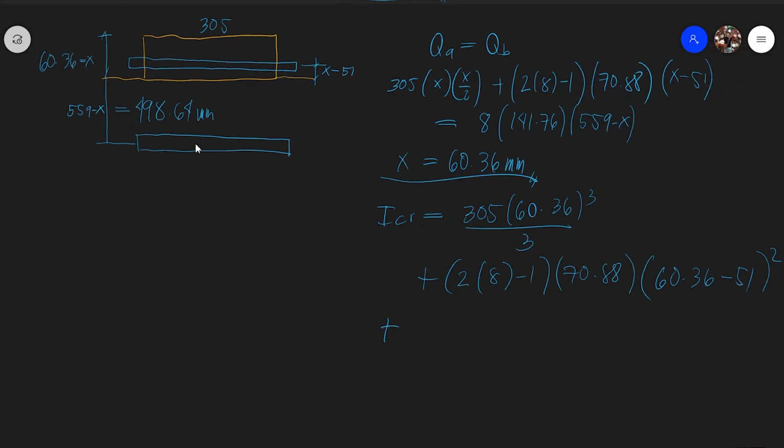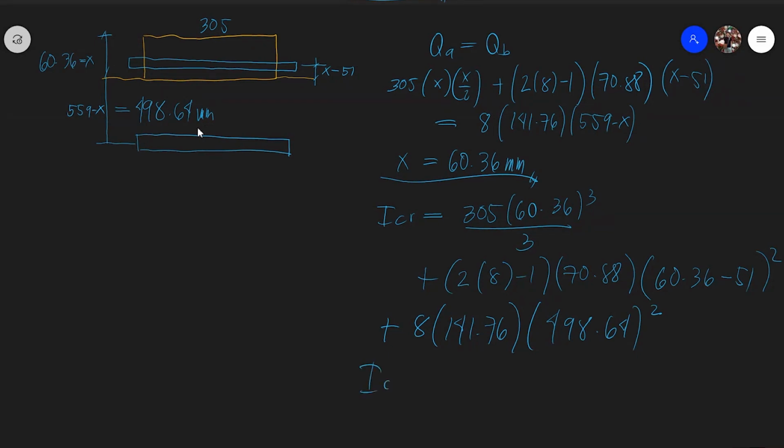That is n AS, or 8 multiplied by your AS, which is 141.76, multiplied by 498.64 squared. AD squared, of course.